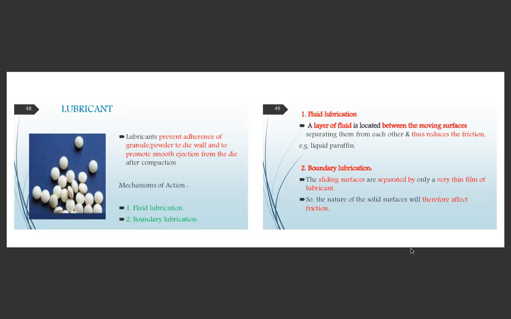So to avoid all this, we add lubricants. There are fluid lubricants and also boundary lubricants. Boundary lubricants are also good lubricants, which will reduce the friction between the hopper and the particles. There are two things: friction between particles and friction between hopper and the particles.